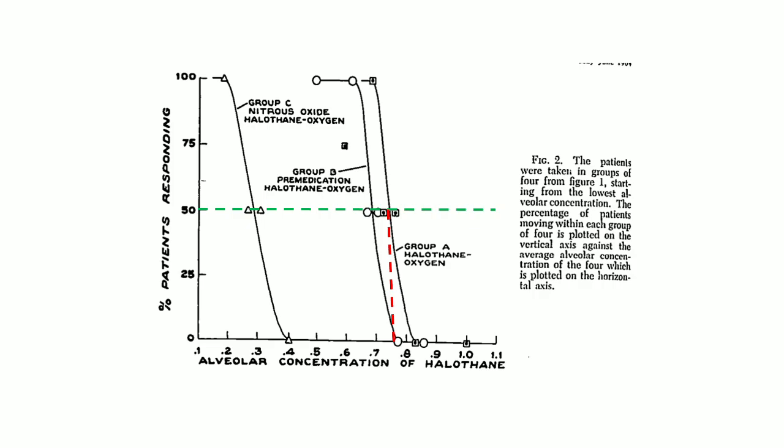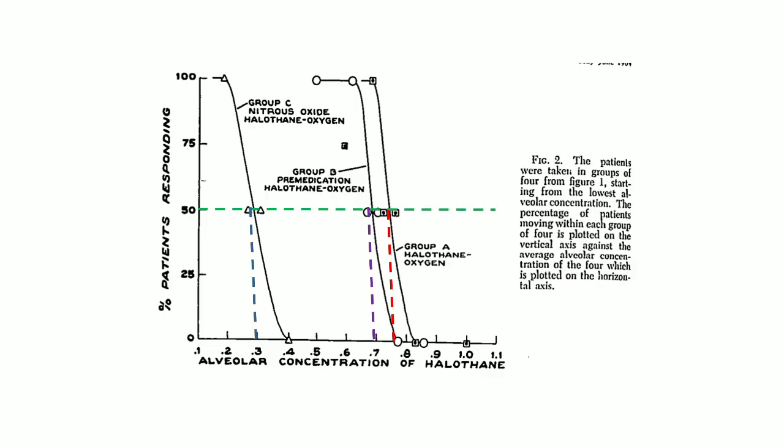It occurred at 0.69% in Group B, the morphine group, and at 0.39% in Group C, the nitrous oxide group. Putting it together, that means that morphine pre-medication reduced MAC by 7%, and 70% nitrous oxide reduced the MAC by 61%.